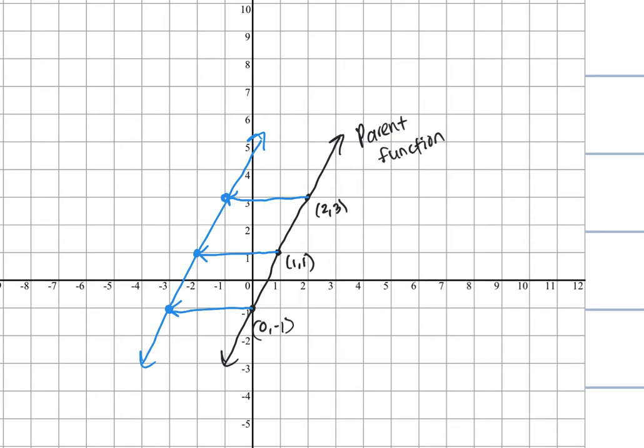Let's put our coordinates. The first one is -1, 3. The second one is -2, 1. And the last one is -3, -1.